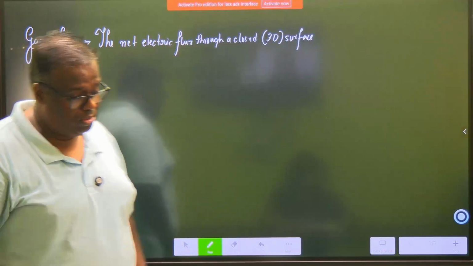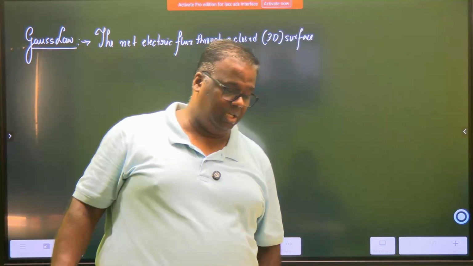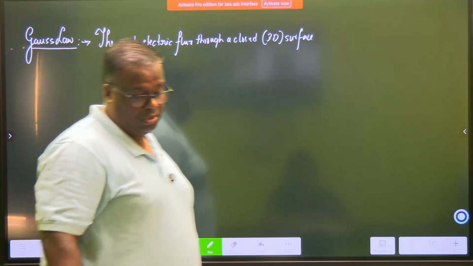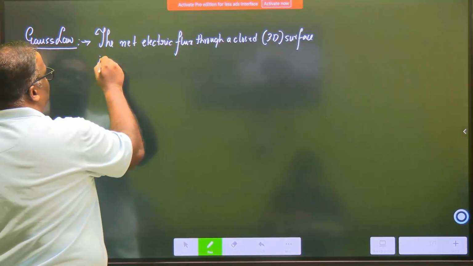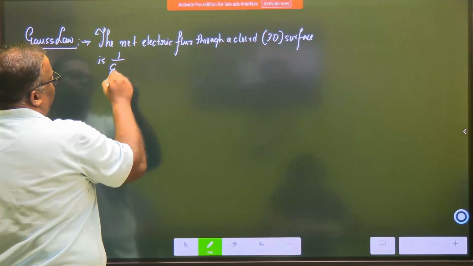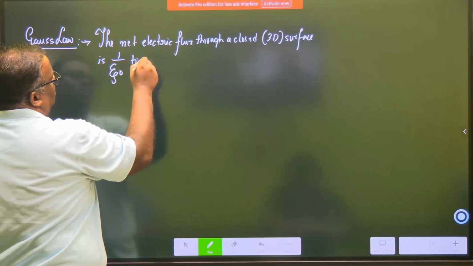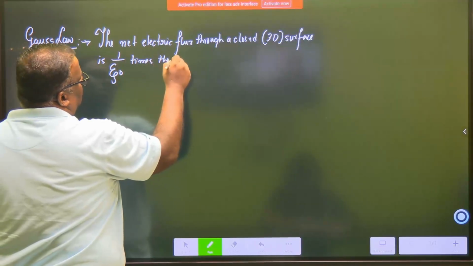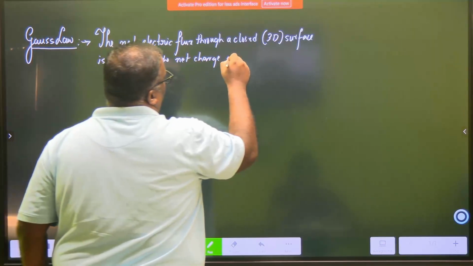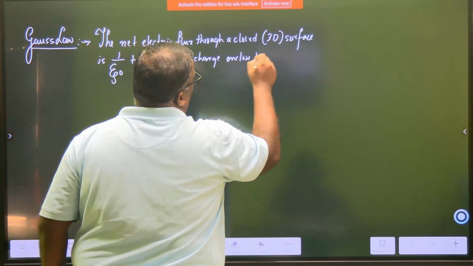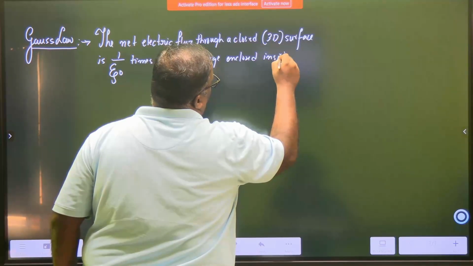Mark the words closed, mark the words 3D. The net electric flux through a closed 3D surface is 1 by epsilon naught times the net charge enclosed inside it.